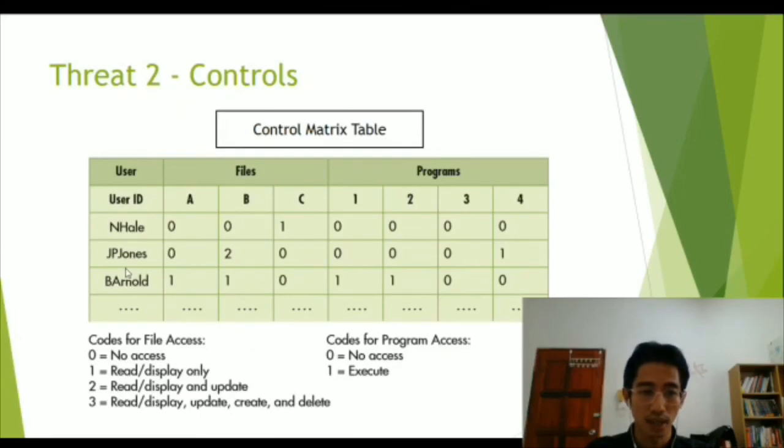JP Jones has an assigned code of 2, meaning he can read, display, and update the file. It is different for Ann Hill, who does not have access to file B. So this is how the control matrix table works.